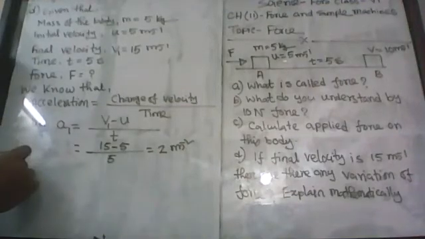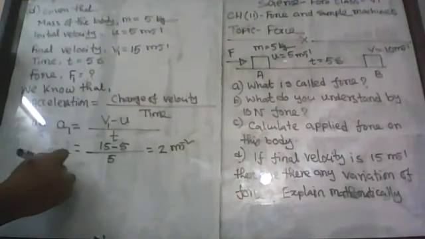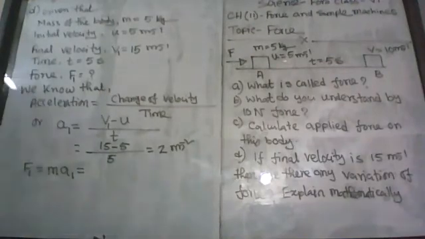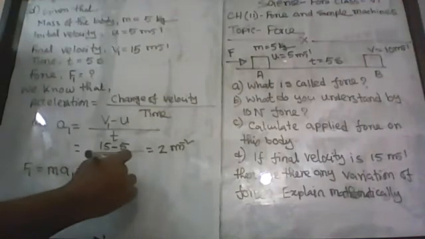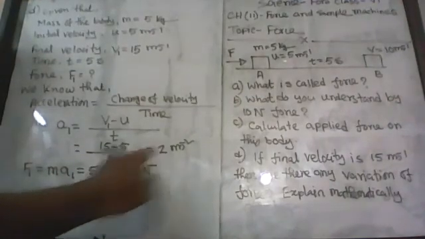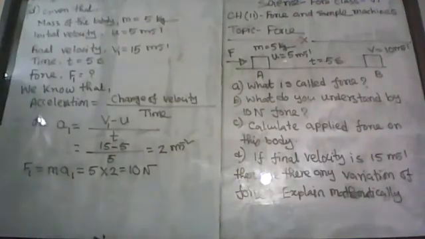So the applied force F1 will equal m into a1. Why a1? Because the final velocity changes here, and since the final velocity changes, the applied force also changes. So m equals 5 kg, a1 equals 2, which is 10 Newton. In the previous case the force is 5 Newton, and in this case the force is 10 Newton. So what is the change of force?